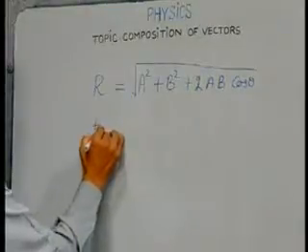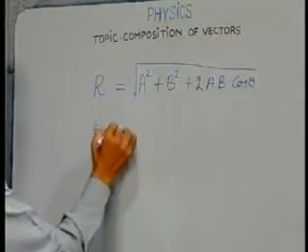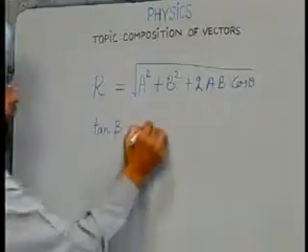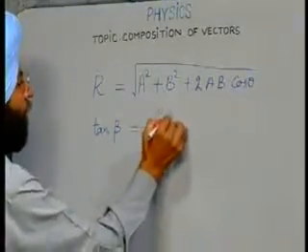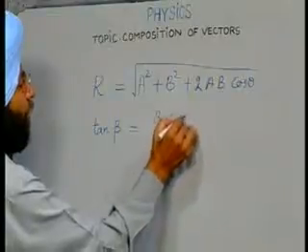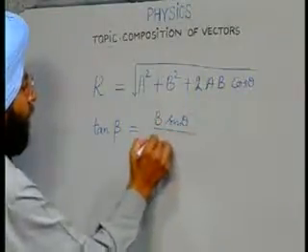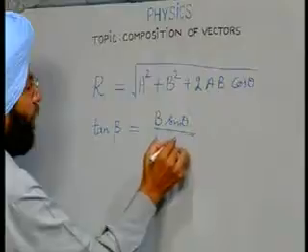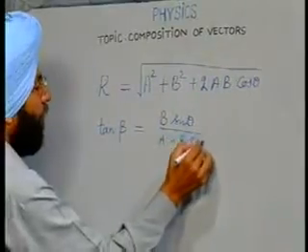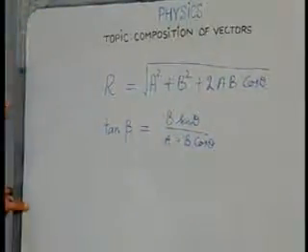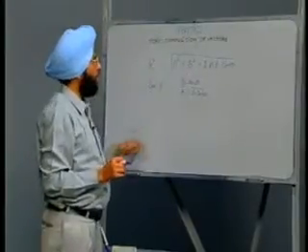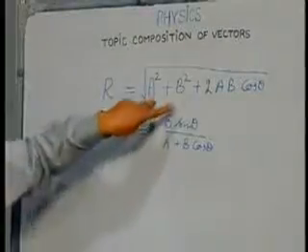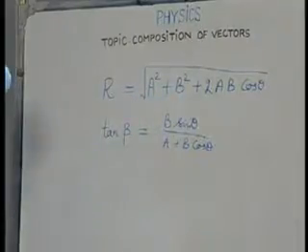Direction of R, the resultant, is given by tan alpha equals B sin theta over A plus B cos theta. Here we have to keep in mind that the vectors that we have added should be representing the same quantity.